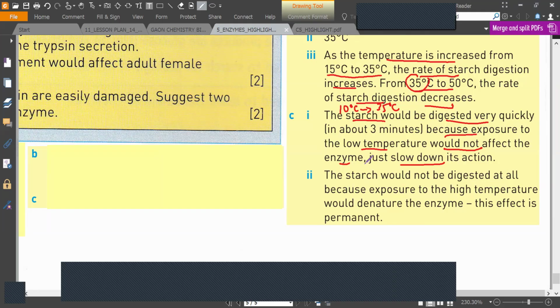But if we take 60 degrees to 35 degrees, the starch will not be digested at all because the high temperature already denatured the enzyme. This effect is permanent. So even if we take it to the optimum temperature, the reaction cannot happen.